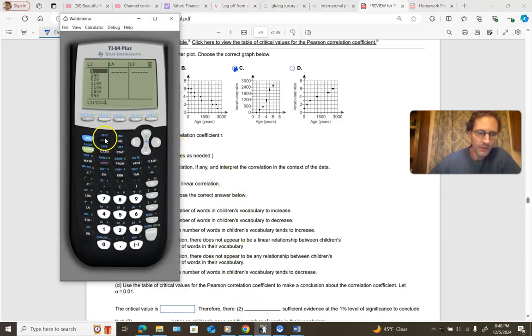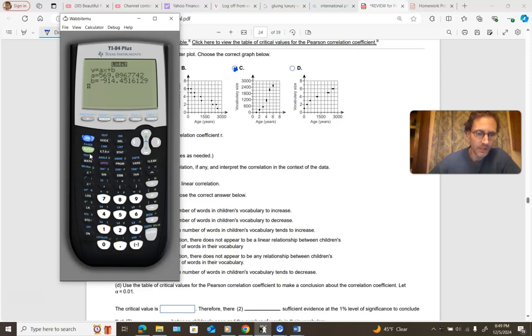So I'll quit this screen and we'll go over here to stat and calculate. And we're going to go to this linear regression, number 4. I'm using list 1 for my x's, but I'm using list 3 for my y. So list 3 is right here in blue. And just hit calculate. Now remember, if this pops up and it doesn't actually give you r, it's because you have your statistical diagnostic tool turned off in your calculator.